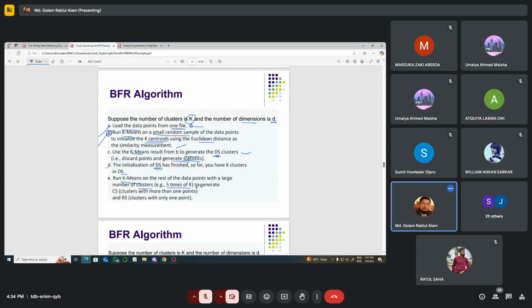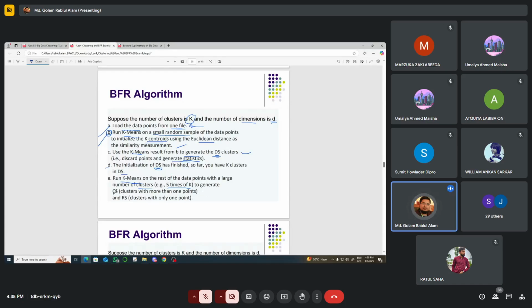Practically, we have to assume that the value of k is high, like 5 times k. If we consider k is 2 clusters, then this time we think about forming 10 clusters. The value of k is high.